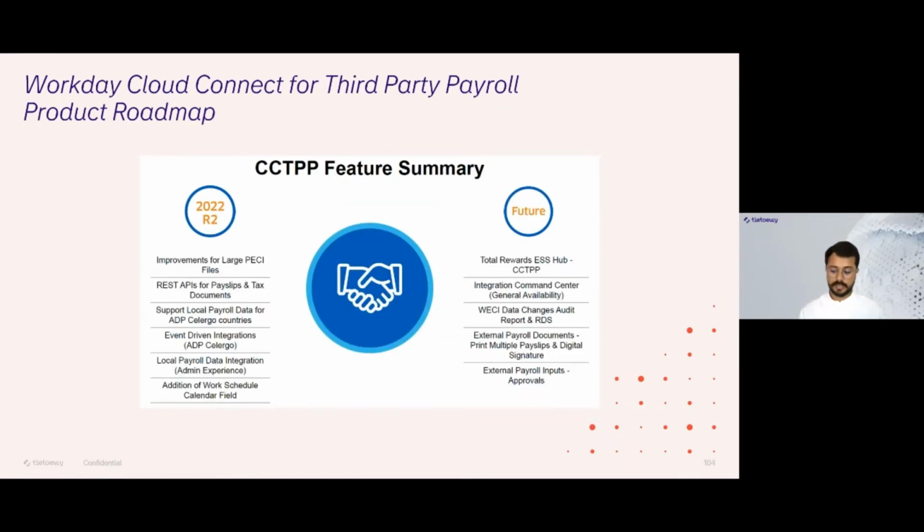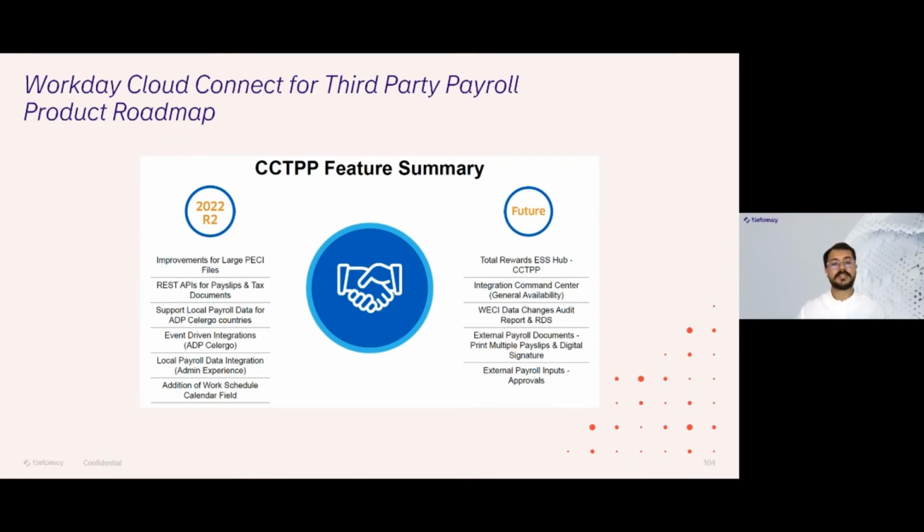So just to summarize, in the 2022 R2 we have improvements for large Pitchy files, REST APIs for payslips and tax documents so that users can see the payroll data, as well as event-driven integration. So a lot of changes are coming in 2022 R2.